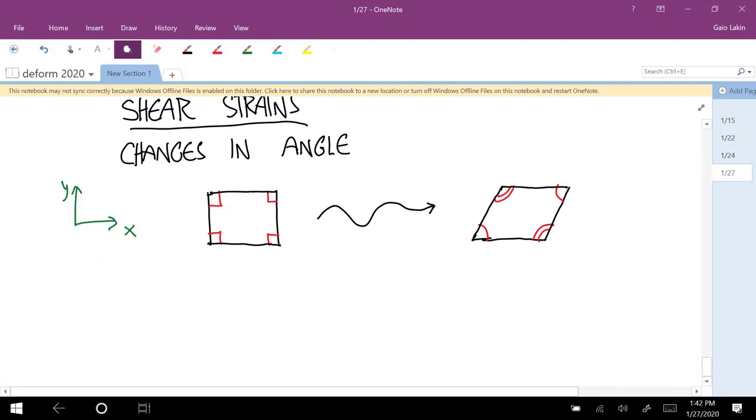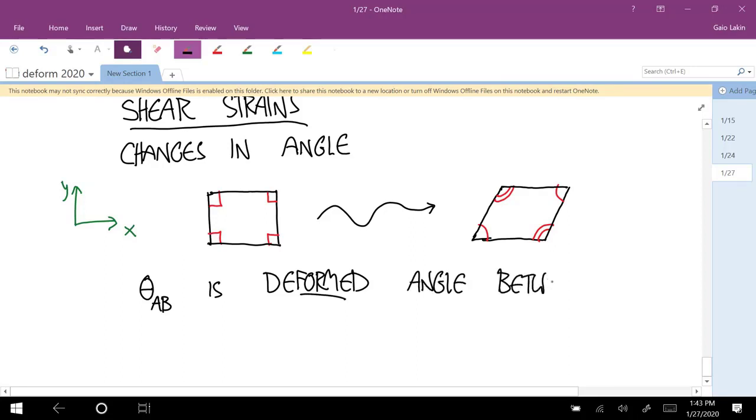Okay, so let's define theta AB as the deformed angle, so after the deformation, between the positive A and positive B face.